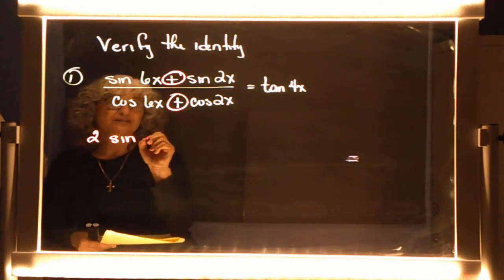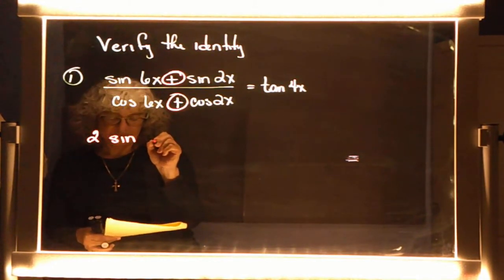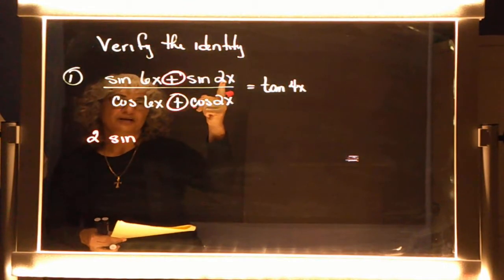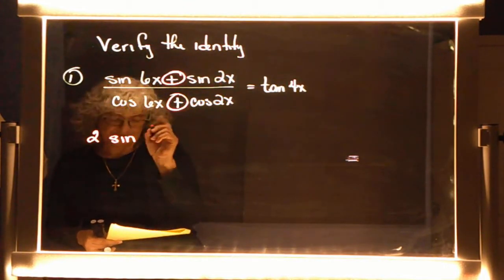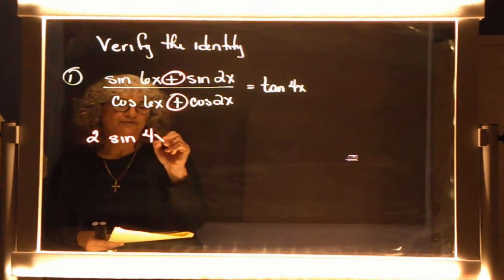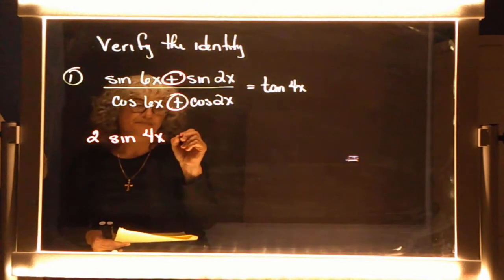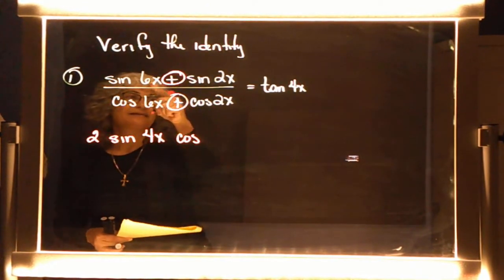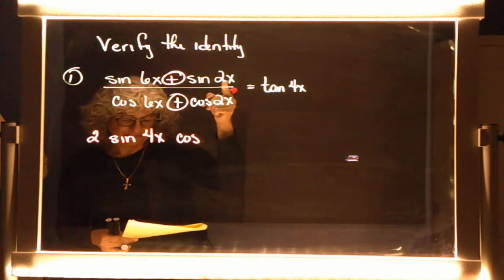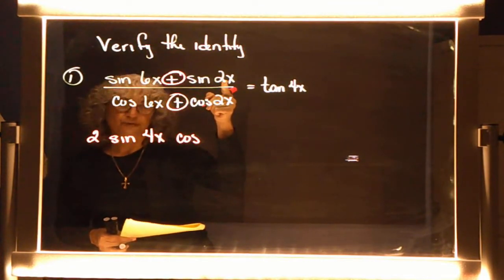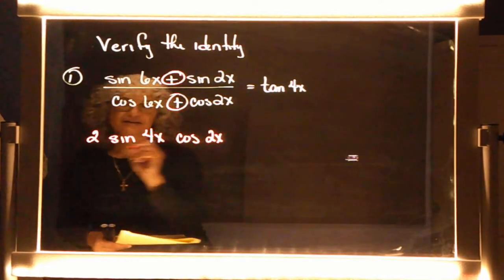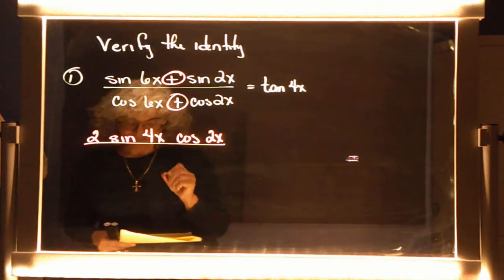So I end up with the sine of 6x plus 2x is 8x, right? Divided by 2 is 4x. That's how I got the 4x. And then 6x minus 2x is 4x. Divided by 2, 2x. So that's how I got the numerator. Good?